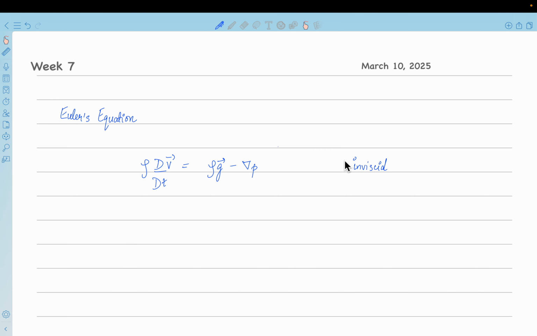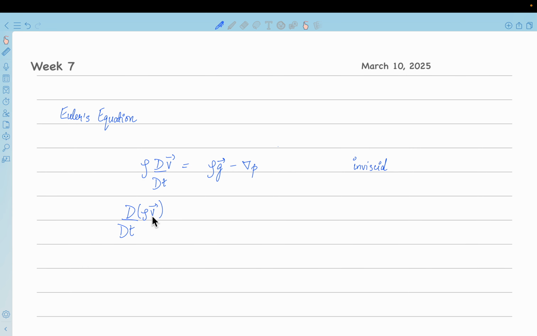What happens if I assume incompressible flow then? Okay, so here, if we have the derivative like this, total derivative of rho v, this is the momentum, right?